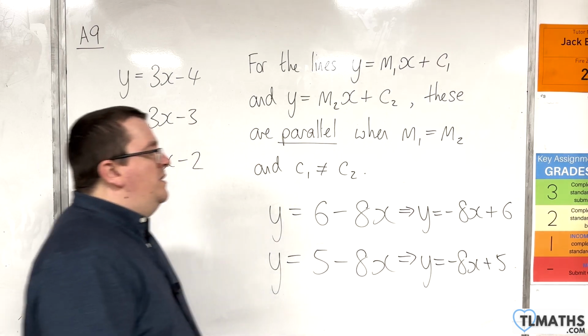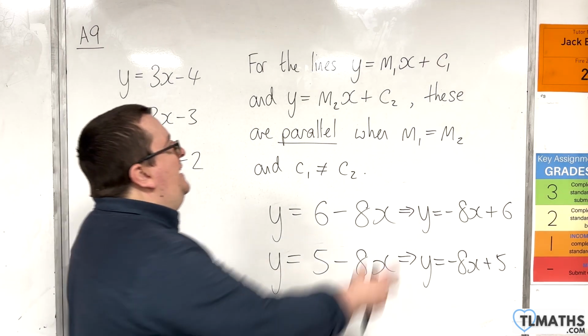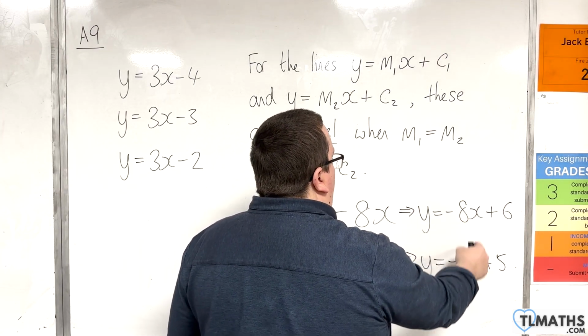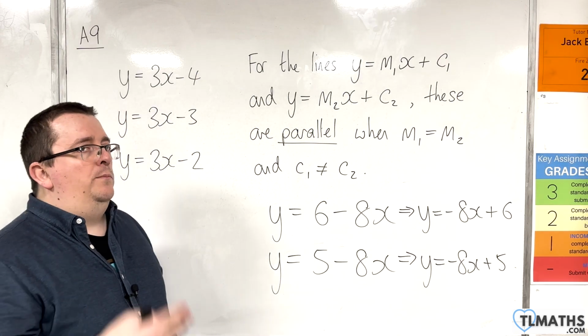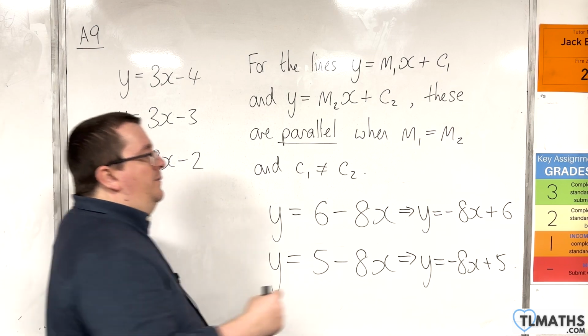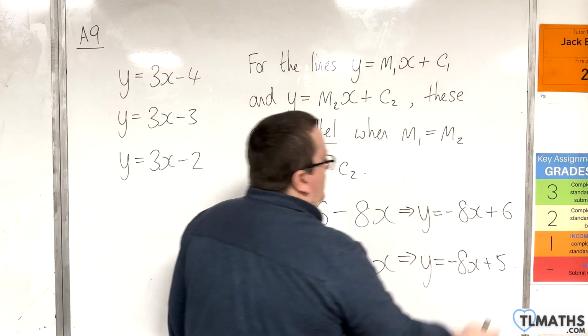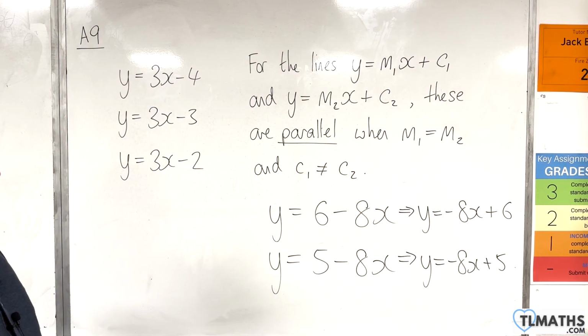So you can write them in an equivalent form and see that the coefficient of x in both those cases is minus 8. Because they're the same, and these numbers are different, they must be parallel.